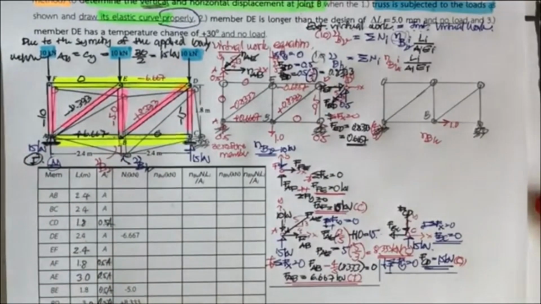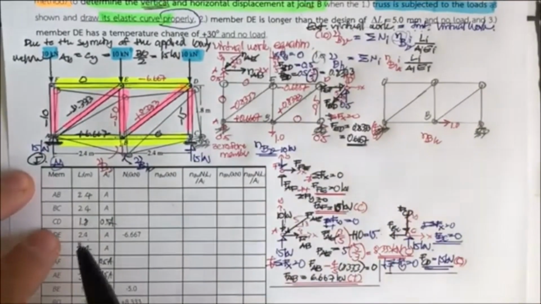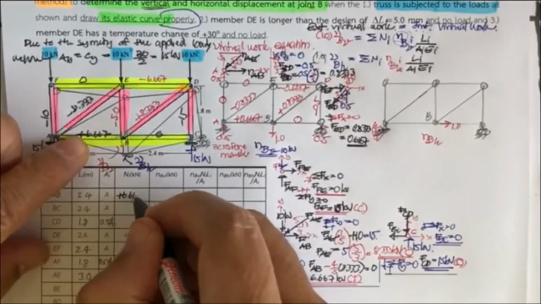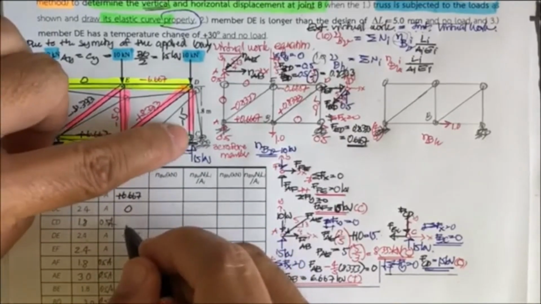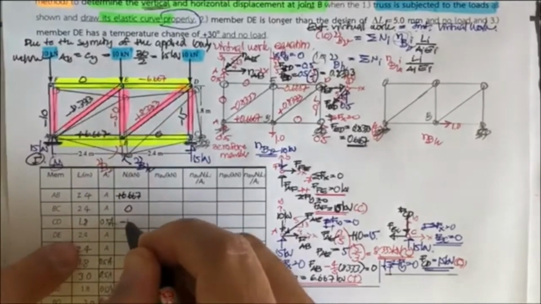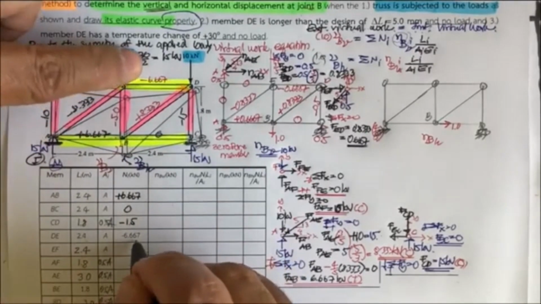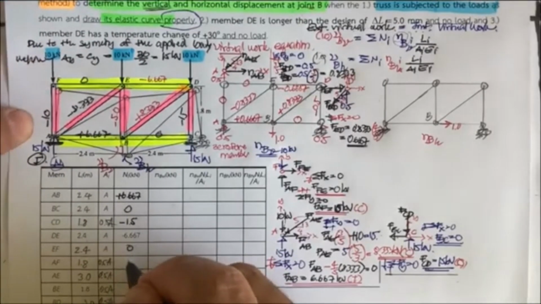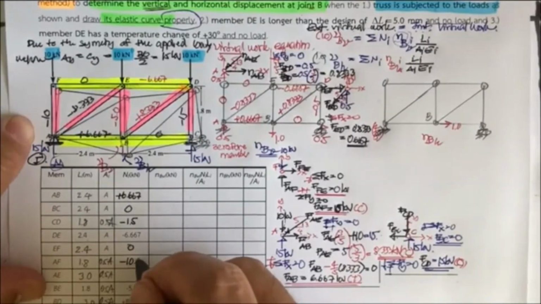Now what we have is the force N. AB is here, plus 6.667. BC is 0. And CD is minus 1.5. And this is DE, and this is EF. And this is AF, minus 10.0.